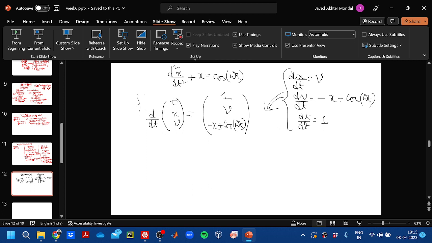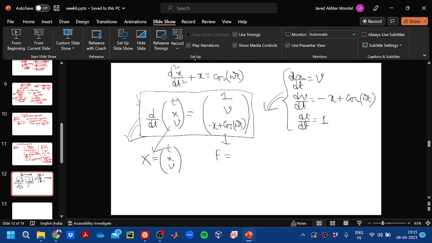So from these three equations we can write down a combined single matrix form. So this is our capital X matrix, which is t x v, and suppose this is our F. So this is 1, v, minus x plus cosine of omega t. So we can write down this equation as X derivative equal to F.